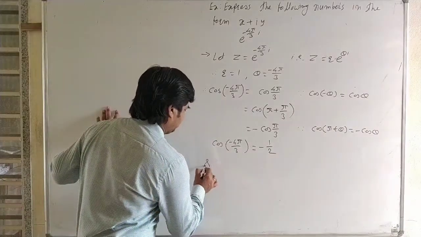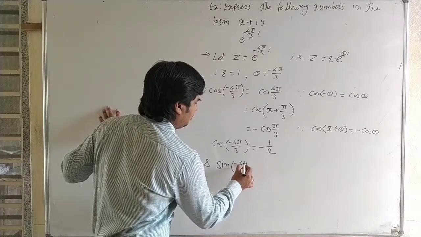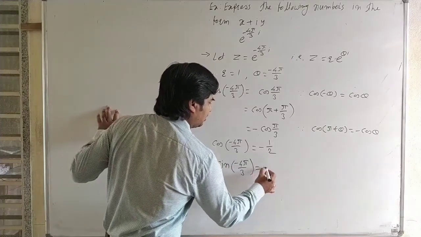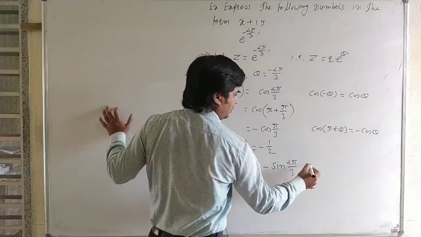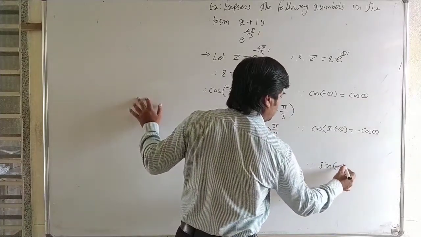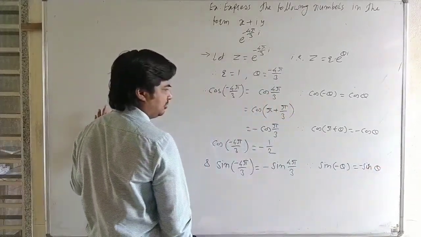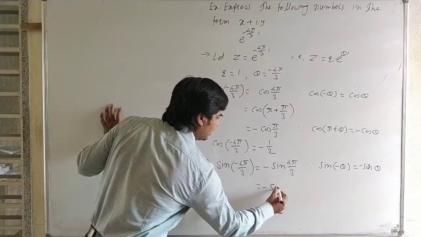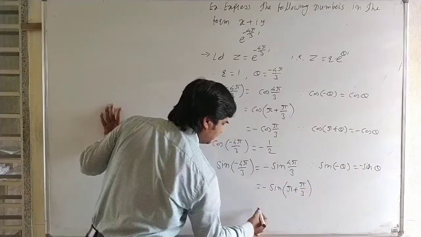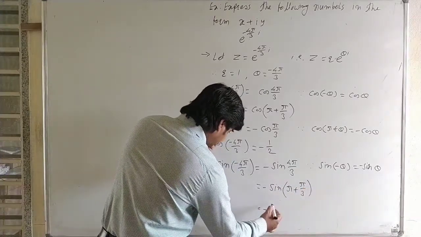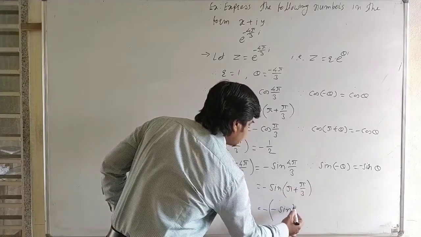Now sin. Sin minus 4 pi by 3, it is minus sin 4 pi by 3. Here we use sin minus theta is equal to minus sin theta. Again here minus sin 4 pi by 3, it is pi plus pi by 3, then minus, and sin pi plus theta, again it is minus, therefore it is minus sin pi by 3.